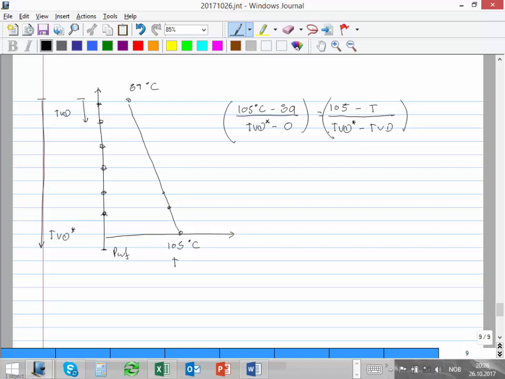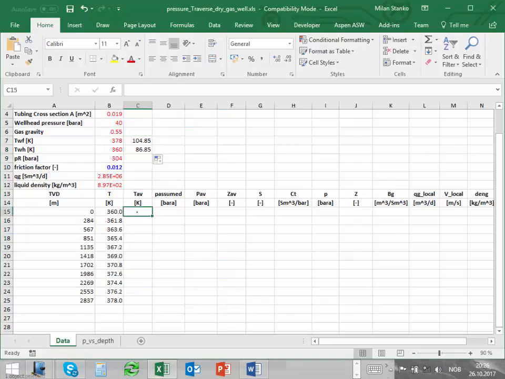Linear interpolation. Clear for all of you? No problem? I have already programmed that function for you, so you don't have to worry.